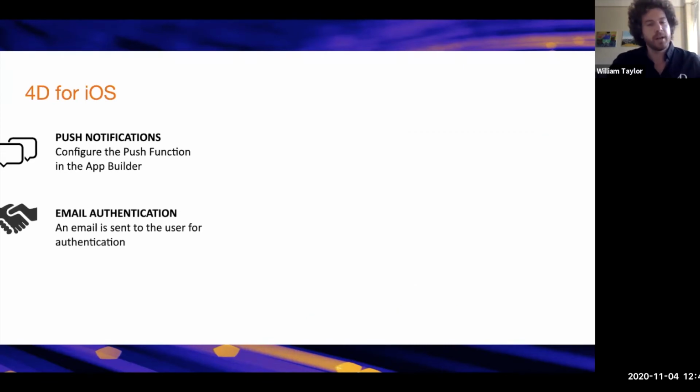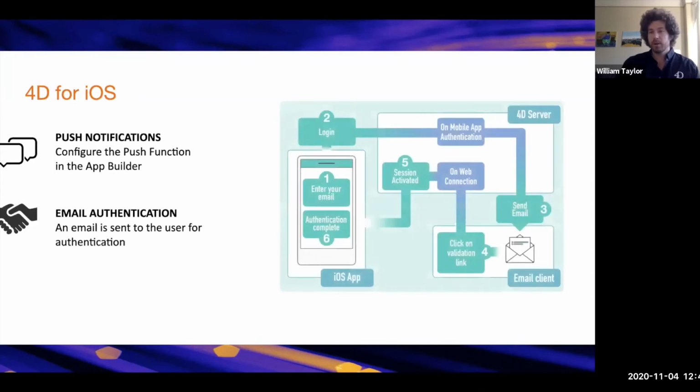Another feature in 4018 R4 is email authentication. So this process can be summarized in this very simple graph. I'm kidding. I'll walk you through the graph. What the email authentication helps you do is authenticate the people that are actually using your application by sending them an email and then having them click on the email saying, yeah, I'm linking my session, I'm saying who I am.